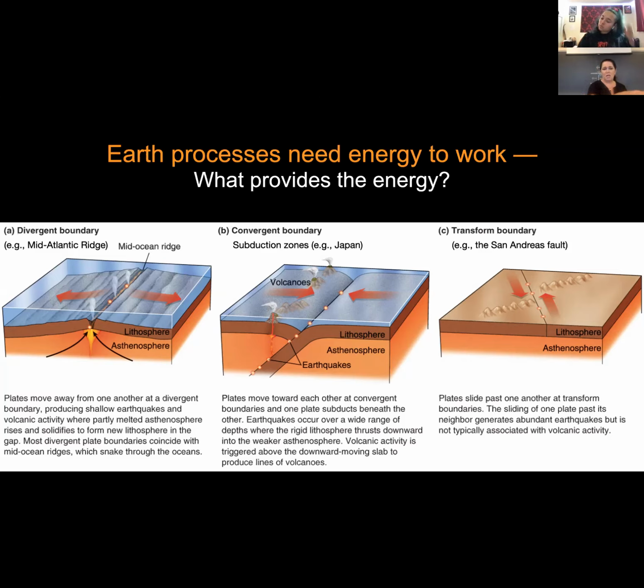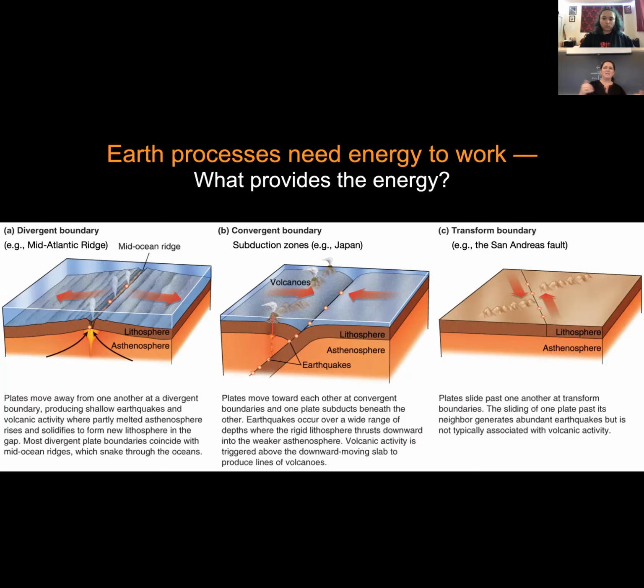Then in a divergent plate boundary, you see, again, earthquakes, but in this case, they're very small magnitude earthquakes. You'd see melting in the mantle, they've labeled it a lithosphere. That's an oversimplification. But the idea is that you're getting melted mantle, in part because the pressure has been lessened at that point in the mantle, because there's new crust erupting on the surface of the ocean floor.